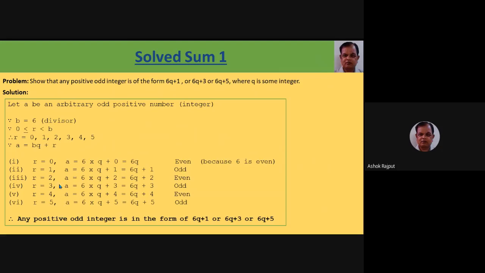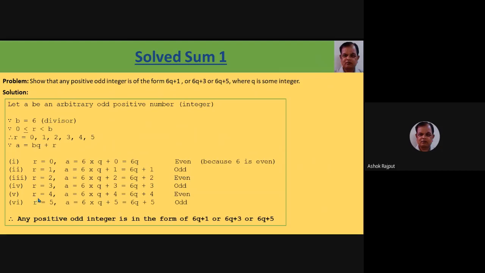Now r equals 2, so a equals 6q plus 2. We already know 6q is even and 2 is even, so the sum of these two is even. Next, if the remainder is 3, then a equals 6q plus 3. Here 6q is even and 3 is odd, so this number will be odd.